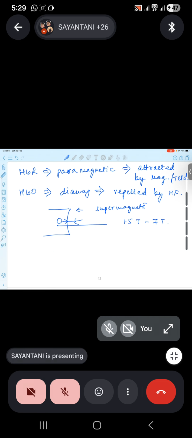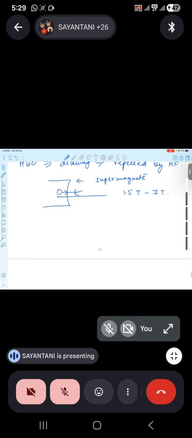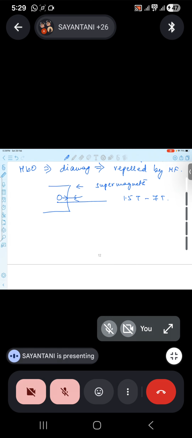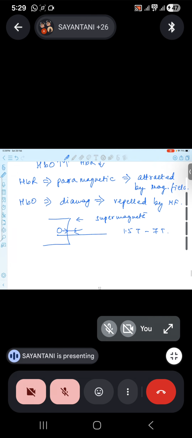And from here it mainly detects your deoxyhemoglobin molecules because they are paramagnetic and hence attracted by your magnetic field. So if there is any change in your deoxyhemoglobin molecules, you can see a change in your magnetic field and that can be detected as the final response of your brain signal.